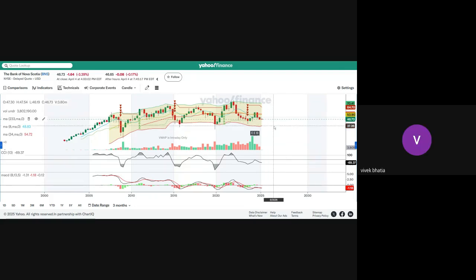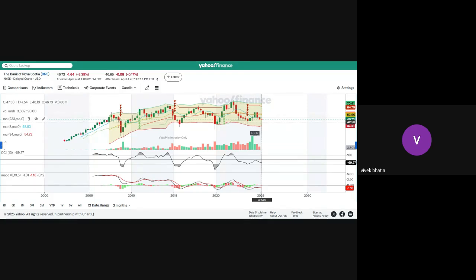Now in the BNS, the quarterly support was clearly seen at the lower Bollinger Band or slightly higher at about 40. Yes, somewhere here, 41, 43. Around 43.